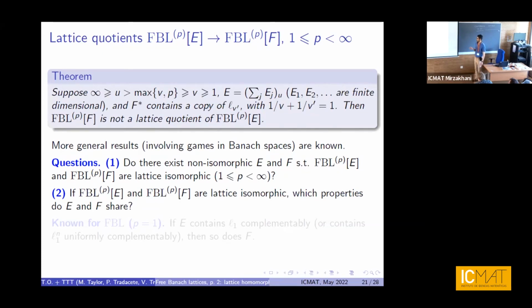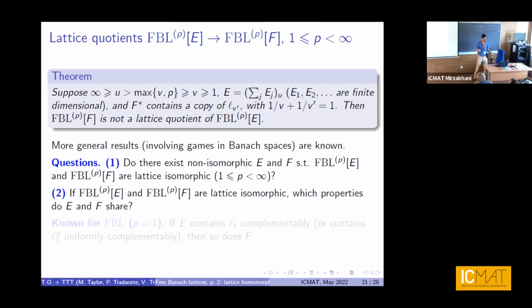And another question, let's suppose that we got lucky, we discover Banach spaces E and F, which are not themselves isomorphic, but the corresponding free Banach lattices are isomorphic. Nevertheless, in this situation, which properties will E and F share?